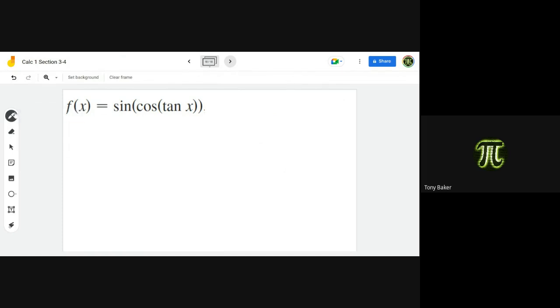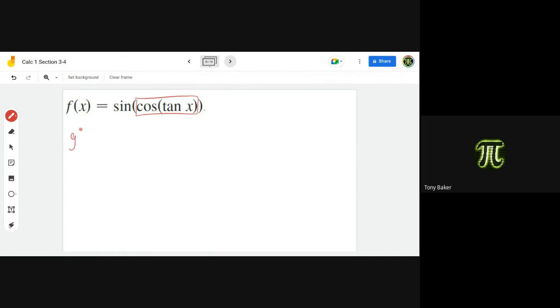So when you look at this one, we have multiple chains. So let's look at that part first.